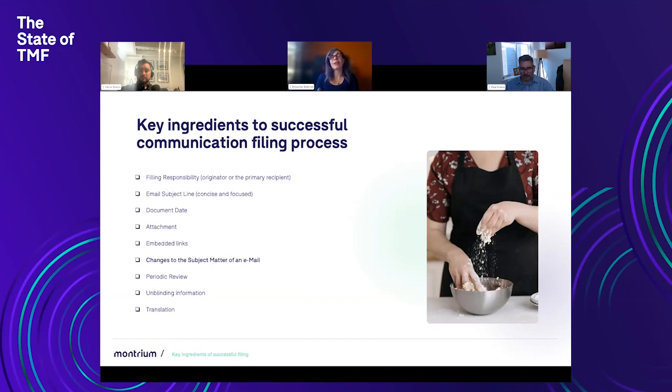This is why, for example, we put this requirement in an SOP that emails, when relevant, had to be written in English, because in that way it was possible to be read by everyone involved in the study, even if there was a change in the study team members.